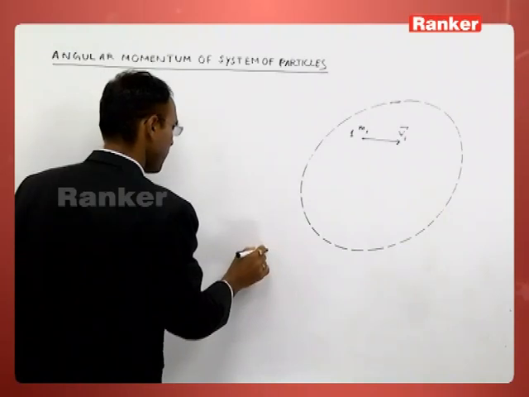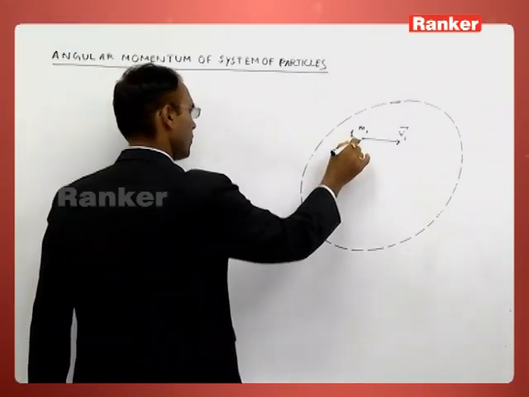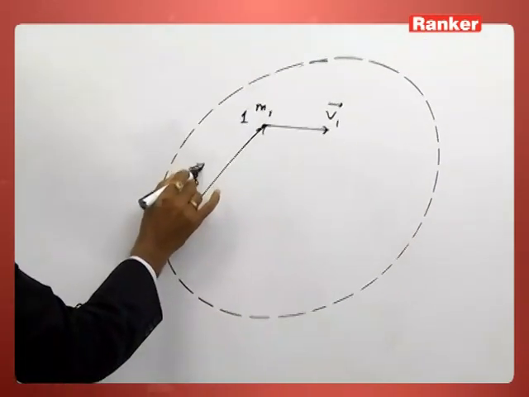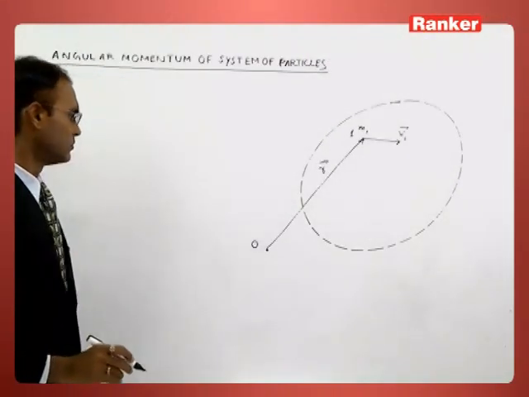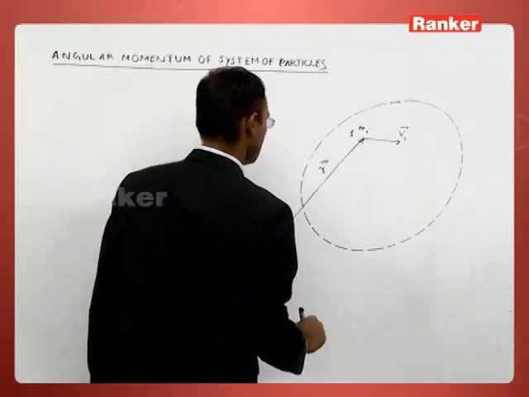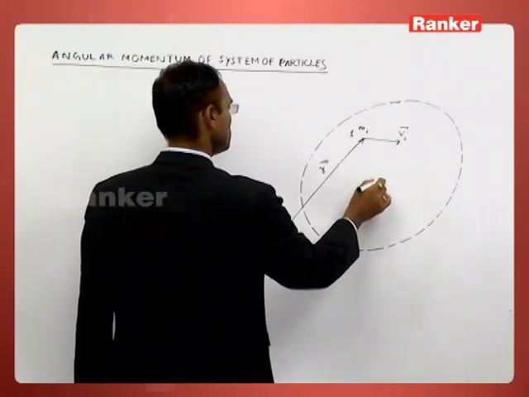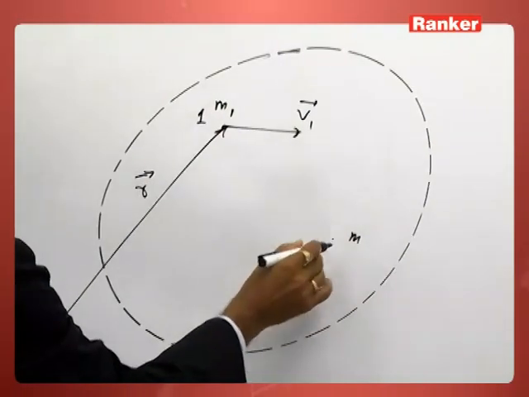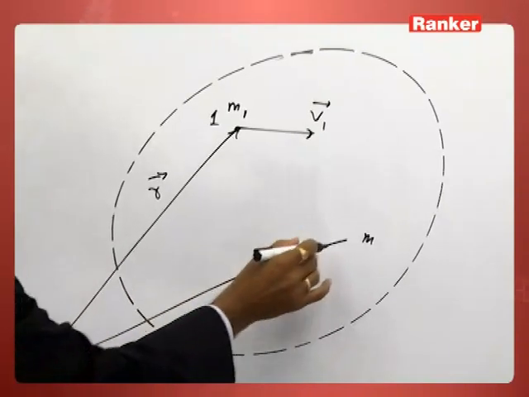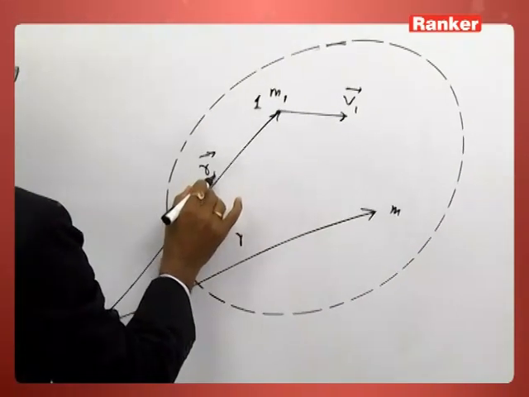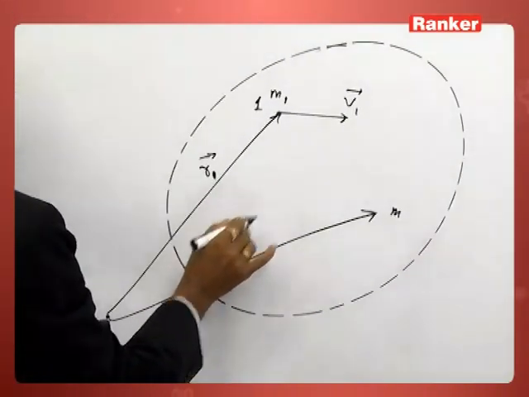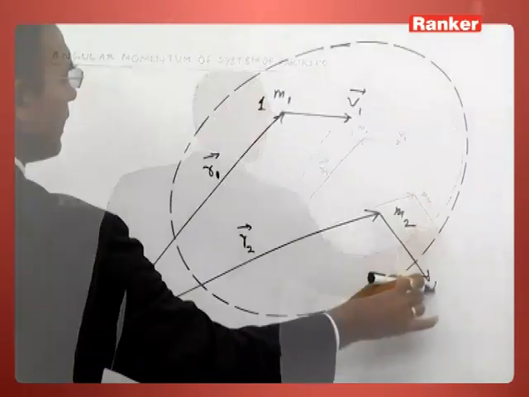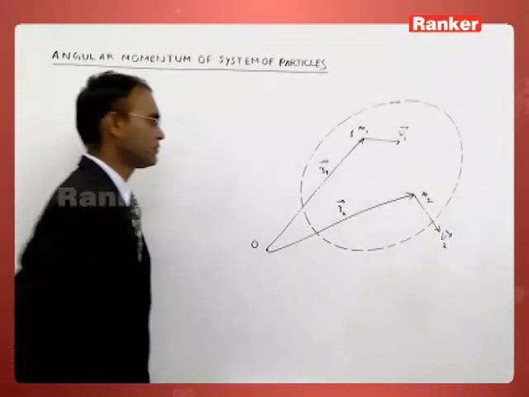You take the reference point O. This is the position vector r1 of the particle 1 with respect to this reference point. You can take the position of the second particle, that is r2. Its mass is m2, its velocity v2.